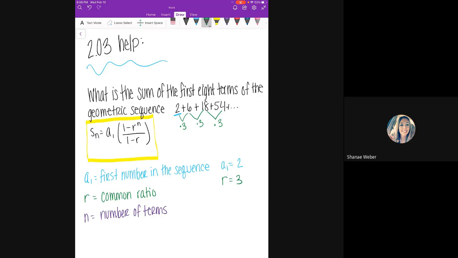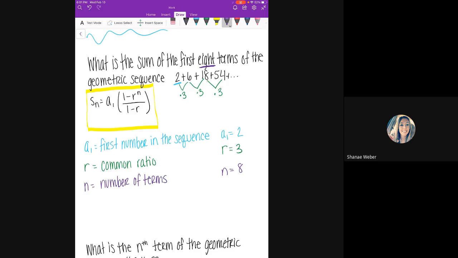And then our number of terms, it's asking us to find the sum of the first 8 terms. So our N equals 8. And now I'm just going to plug all of those into that formula that I boxed in yellow. Okay, so S of N equals A1.